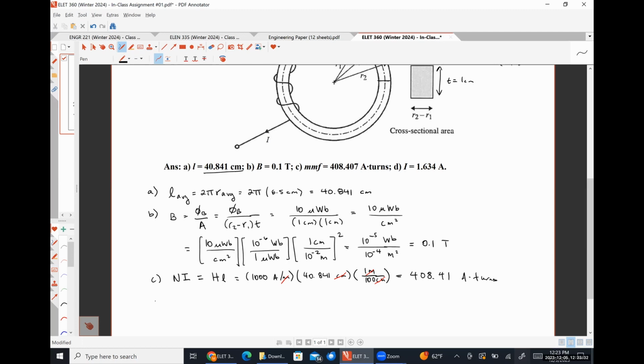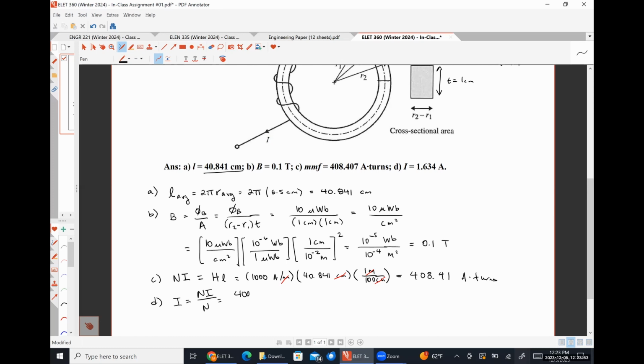And then lastly, for part D, we're asked to find the amount of current required to sustain our flux of interest. And so I is just going to be our magnetomotive force, NI, divided by our number of turns.